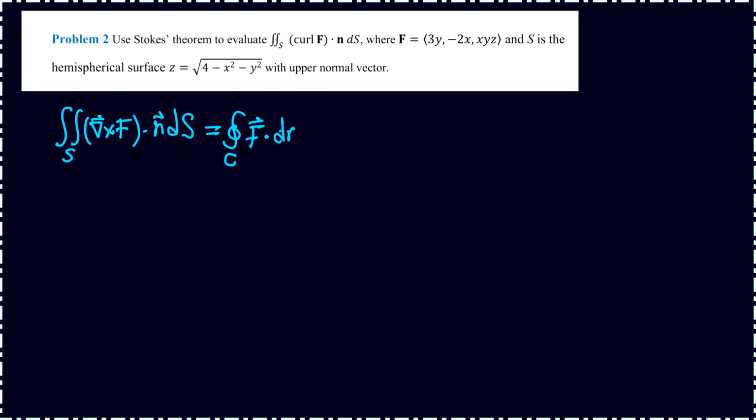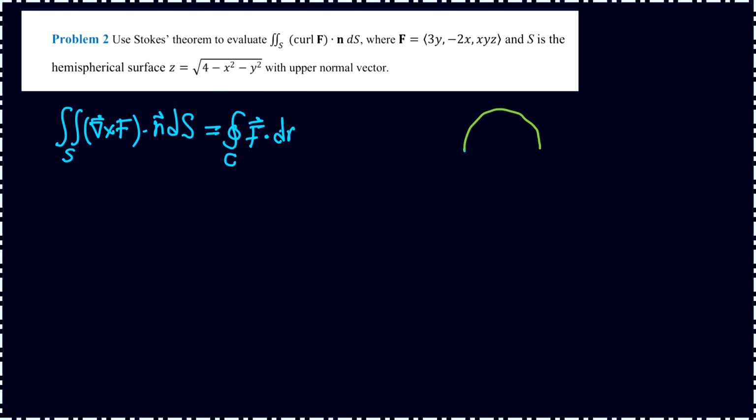And here S is again a hemisphere. And the boundary curve is basically, again, the circle of intersection between the hemisphere and the xy plane. So again, this is the hemisphere, okay?